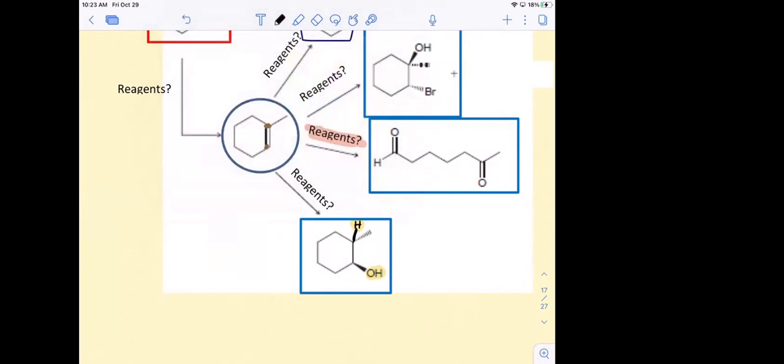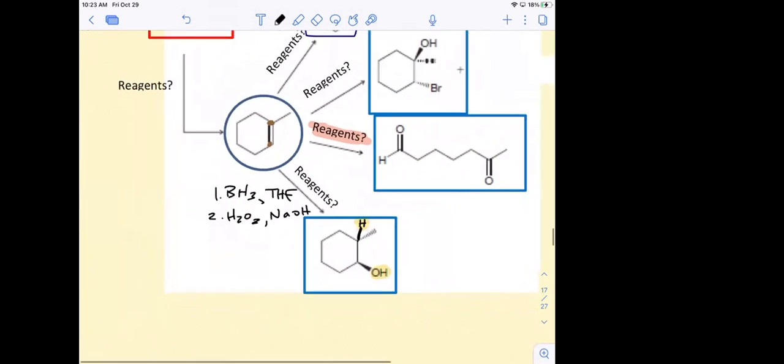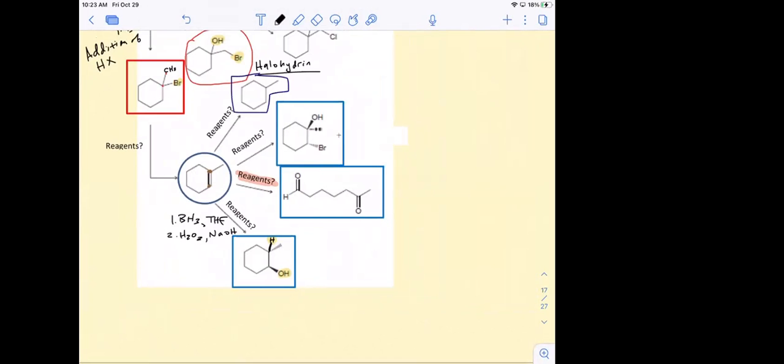Is it a hydroboration and oxidation? Yes. So BH3 THF, and then H2O2 and NaOH. Excellent.